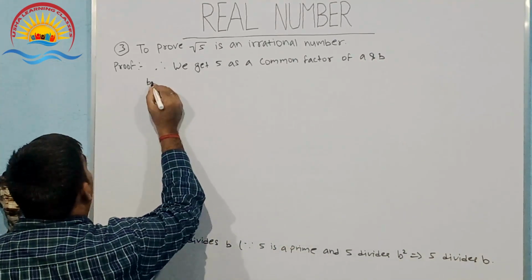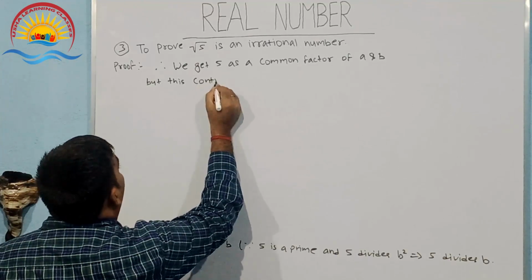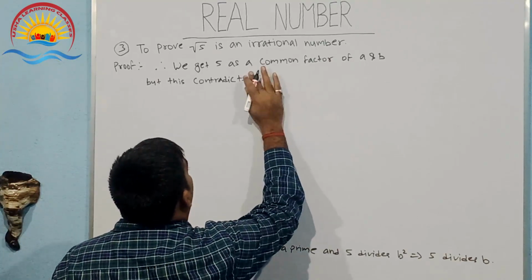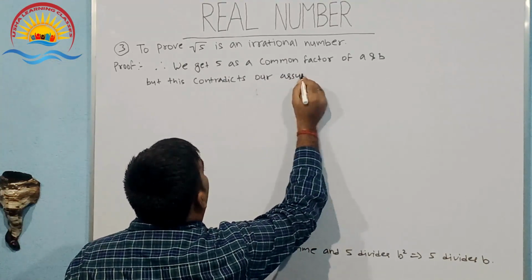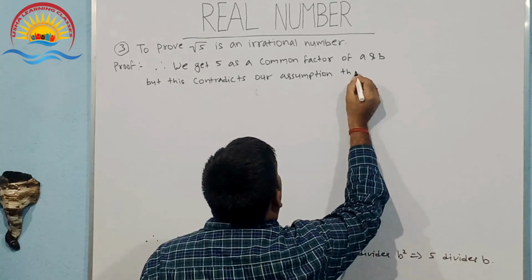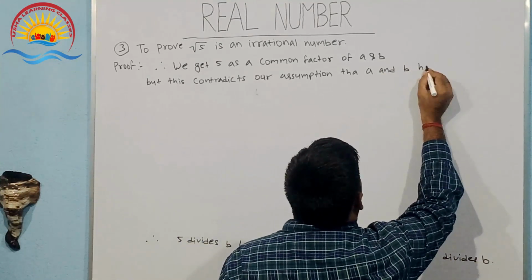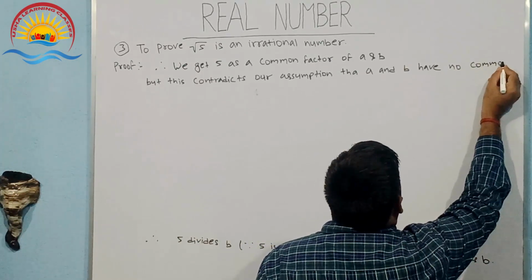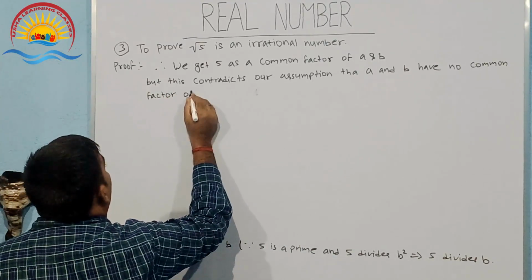but this contradicts our assumption that a and b have no common factor other than 1.